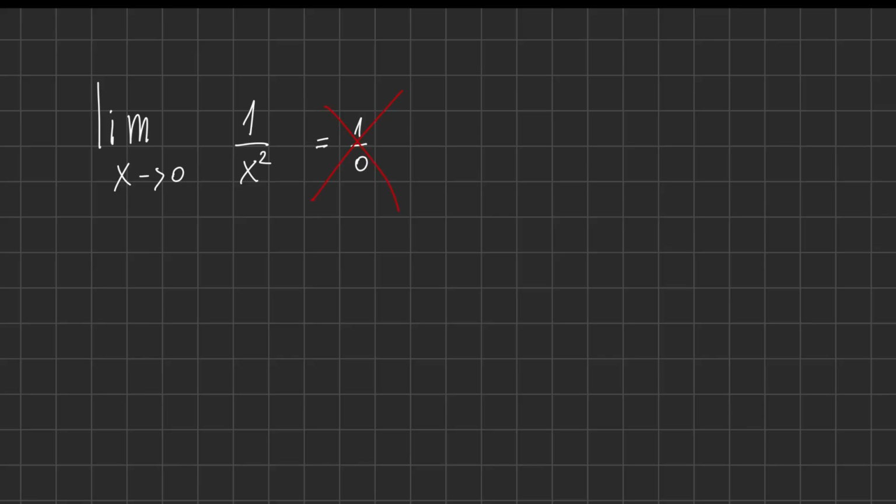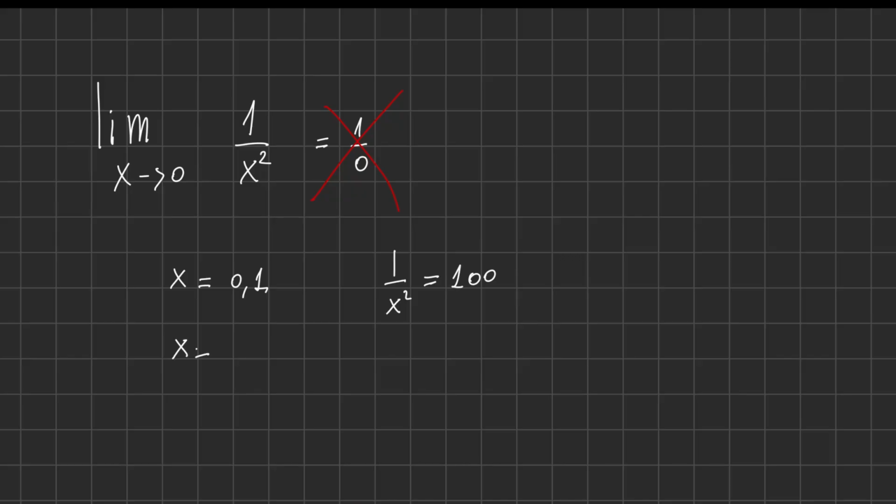But what we can do, well, we can try to apply the definition of limits and try to evaluate the function 1 over x squared for values of x closer and closer to 0. Well, we can pick x equal to 0.1, then 1 over x squared would be equal to 100.